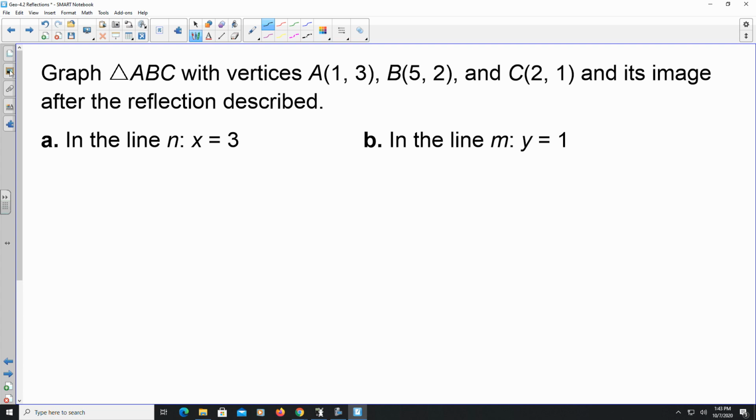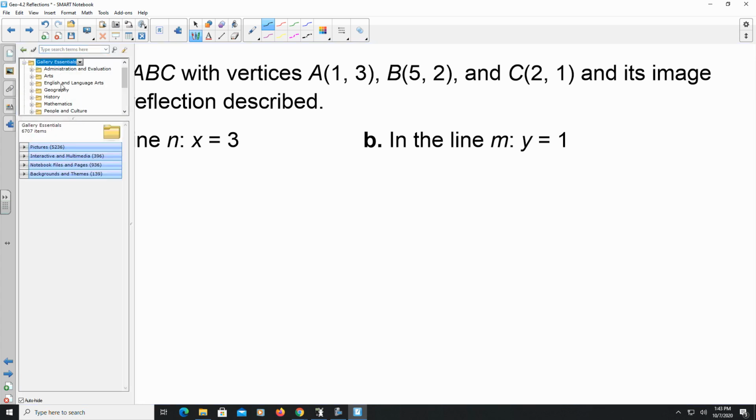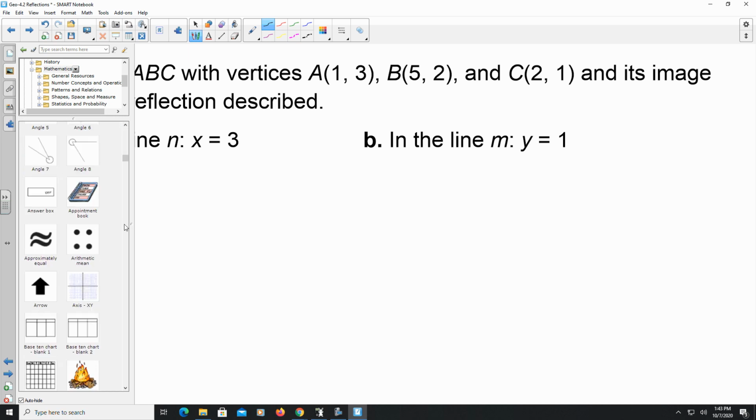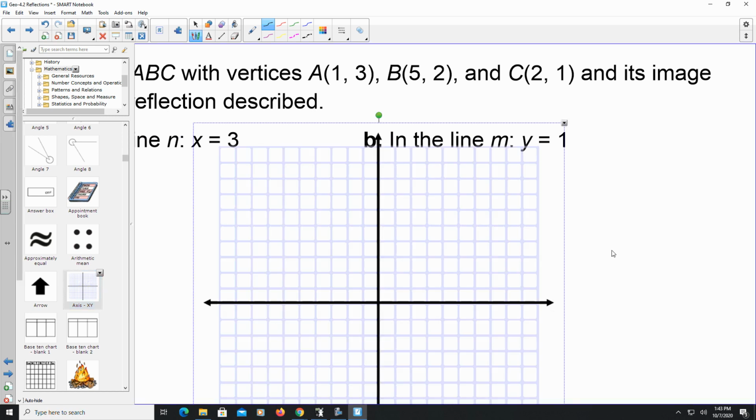Let's see if we can get a graph. All right, got ourselves a graph.